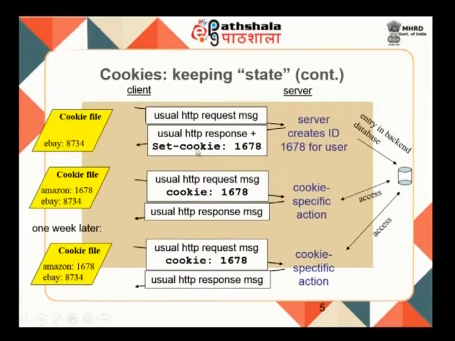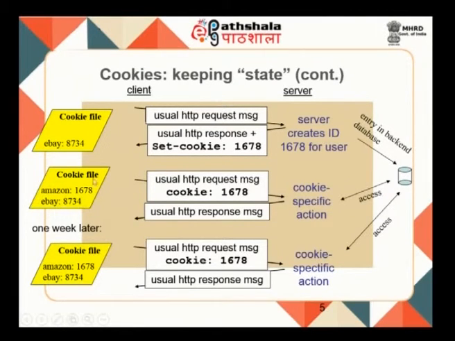So, it works like this. Let us say we have a cookie file that is maintained in the browser. It has one entry, eBay 8734. Now, let us say a new request is being sent to some website, let us say amazon.com. This is the first time this request is coming. So, the server creates an ID 1678 for this user, and when it sends back the usual HTTP response, in addition to that it sends the set cookie information: set cookie colon 1678.